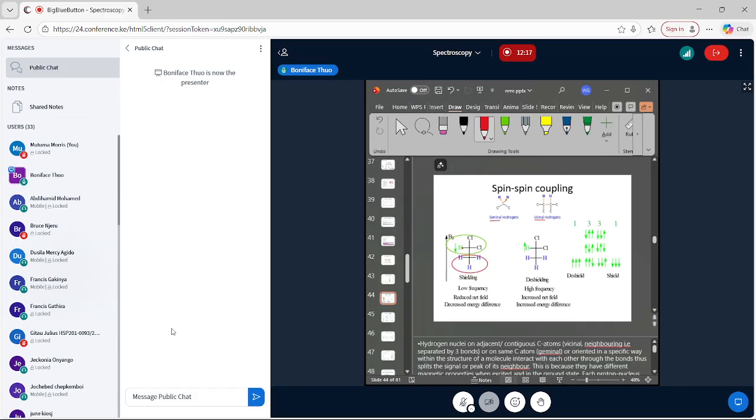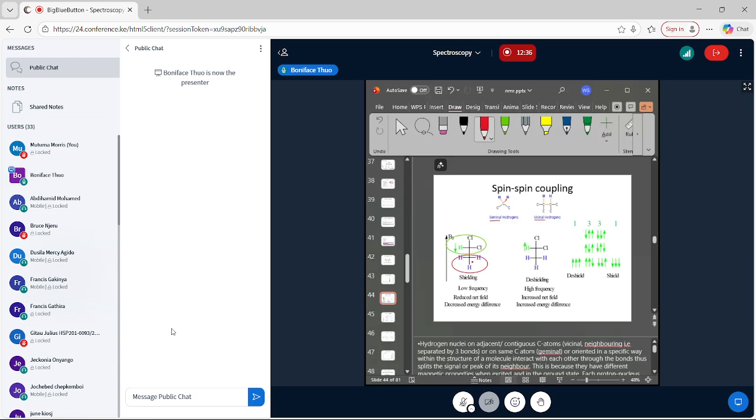So in essence, we can say that these two chemical environments will produce two major peaks in the NMR spectrum.